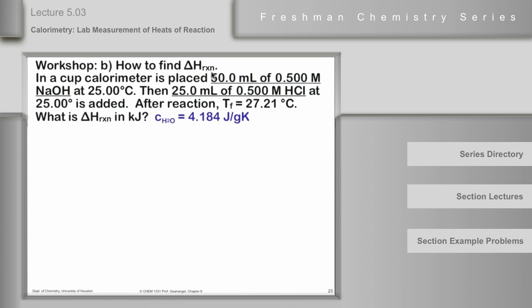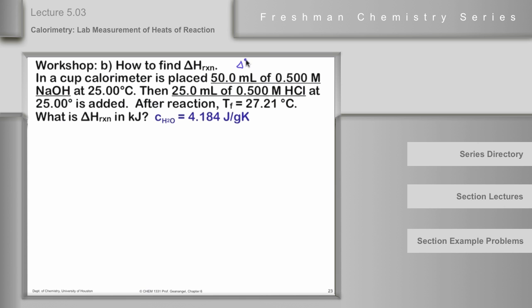But delta H reaction is equal to the Q of the reaction divided by moles of reaction. I'm sorry, you can't read that, but I'll write it down here again.